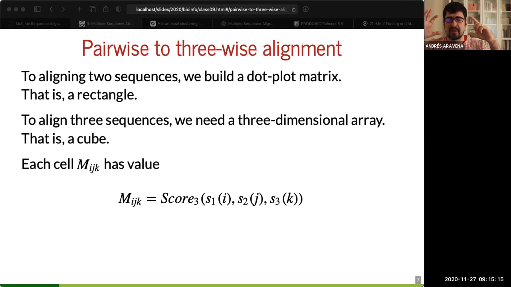To align 3, you have to do it in 3 dimensions. You have to fill not a matrix, but a 3-dimensional thing. You essentially put on one side the first sequence, on another the second, and on the other the third one. So it will be a cube, or technically a parallelepiped, but a cube.